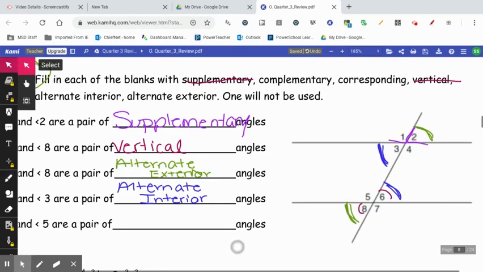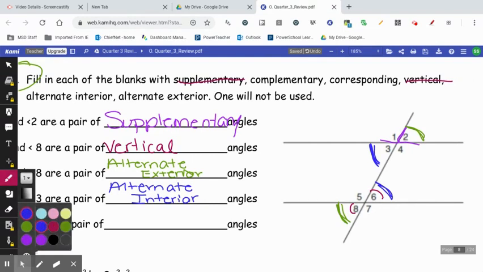And finally, 1 and 5. That would be this one and this one. And they look like they have the same angle. I could literally take the number 1, pull it down, and it would be angle 5. So those are called corresponding.